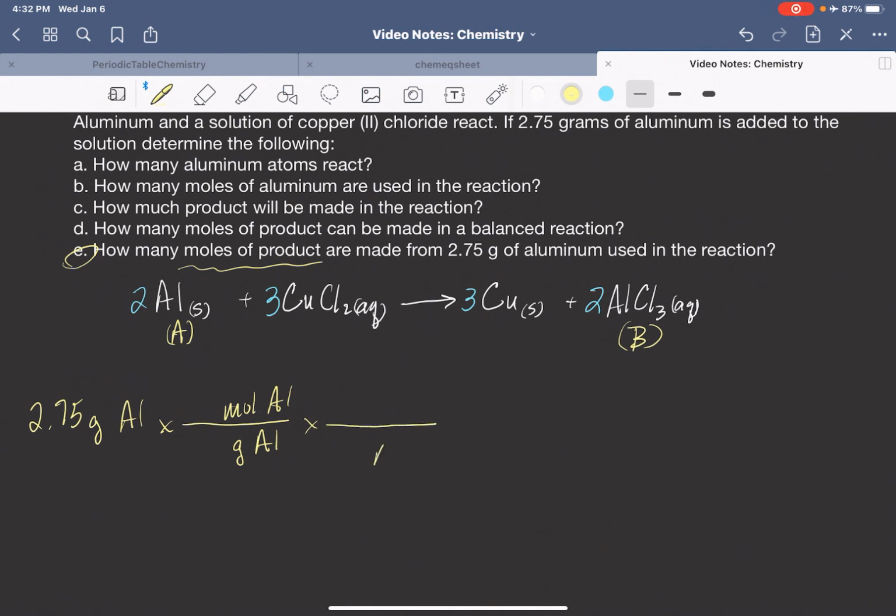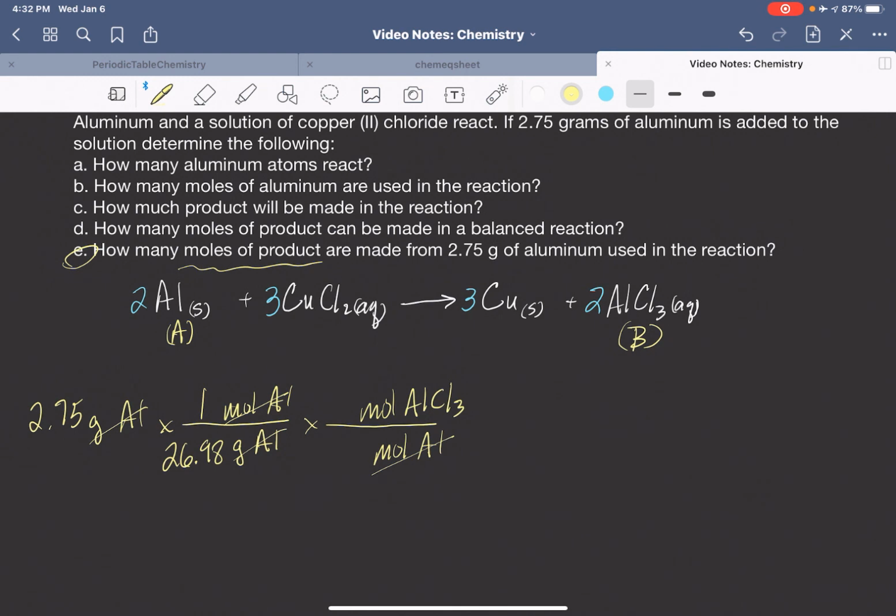And then we're going moles of aluminum. This time 2 moles of aluminum chloride. Grams of aluminum cancel out. Moles of aluminum cancel out. 26.98 grams for every 1 mole.